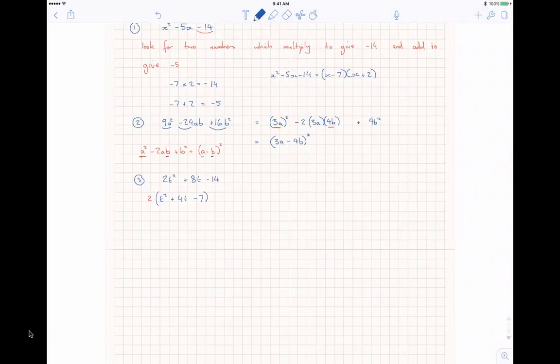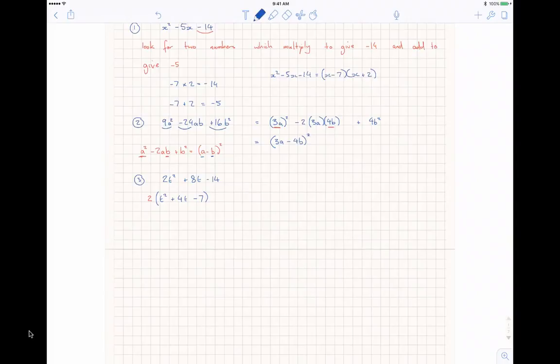Now we could trial and error some factors of 7, but because it's a prime number, they're only going to be 7 and 1, and no matter how we arrange that, we can't use 7 and 1. Minus 7 plus 1 is going to give us minus 6. Positive 7 minus 1 is going to give us positive 6. So that's not going to get us 4 in any way. So we should see straight away that we should probably use completing the square.